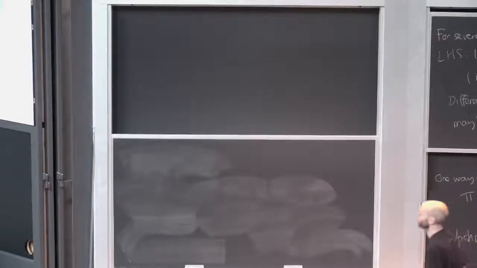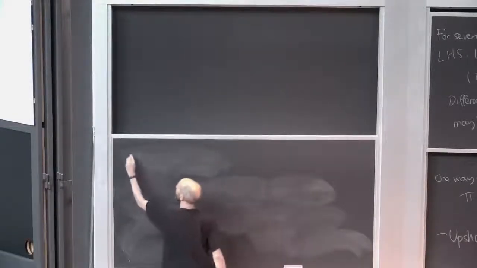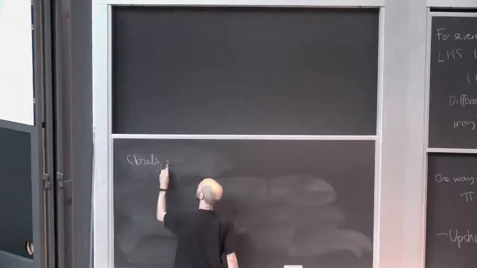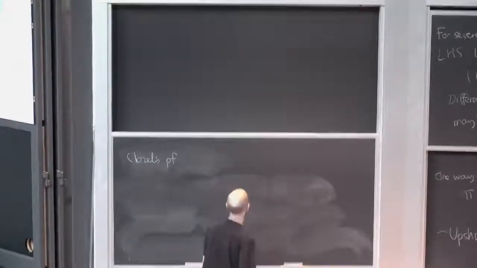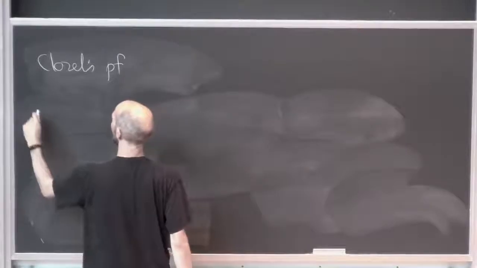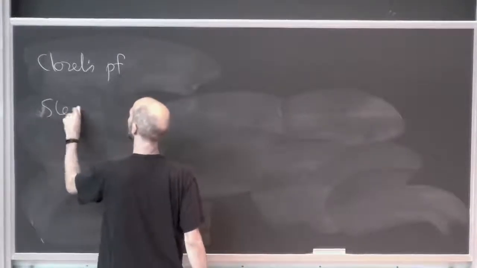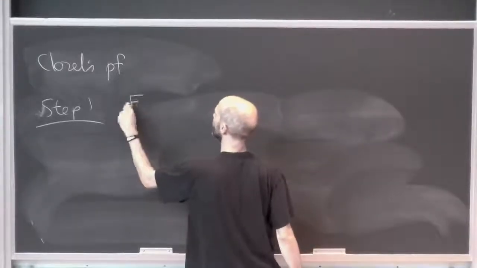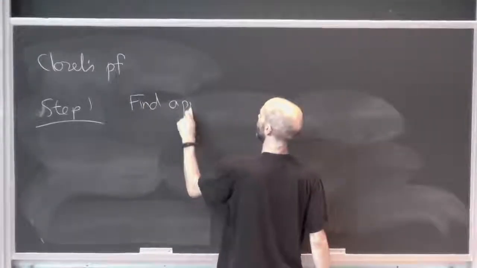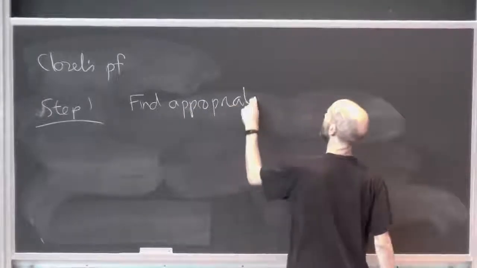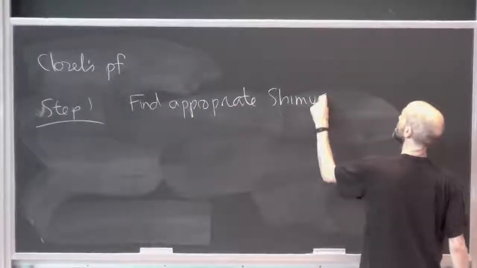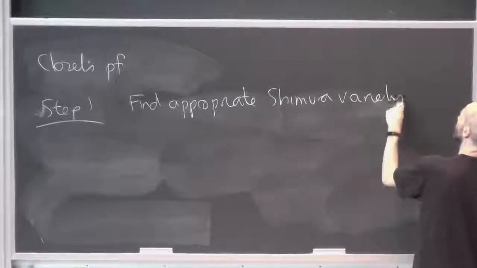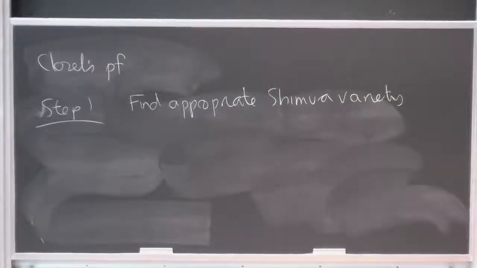So Clozel's proof looks kind of easy, right? You just, firstly, step one, find an appropriate Shimura variety. This is just some algebraic variety defined by some polynomial equations.